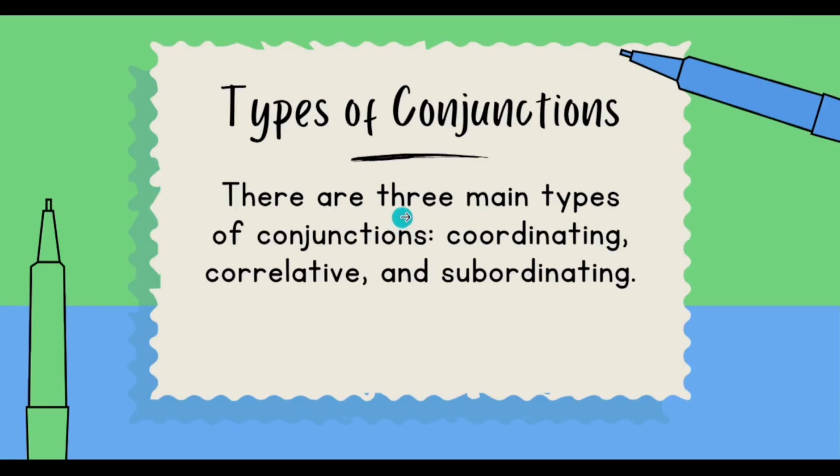There are 3 main types of conjunctions: coordinating conjunction, correlative conjunction, and subordinating conjunction. Let's understand them one by one with easy examples.